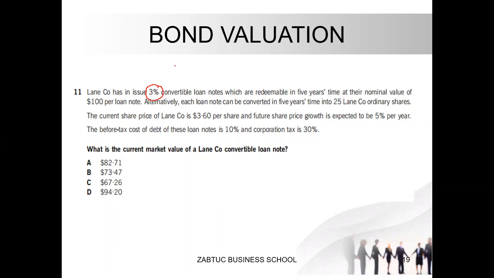So the benefit we're talking about here is the interest, which is 3% on 100 or $3 for 5 years.